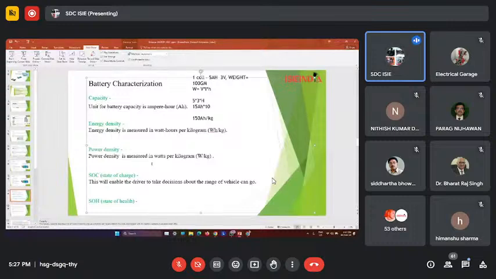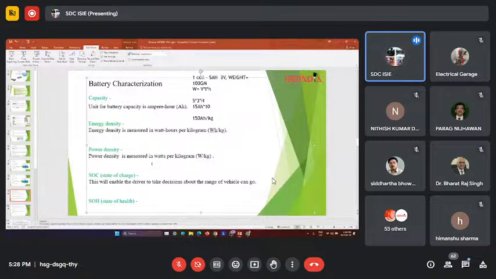SOC. So SOC is nothing but the state of charge. This will enable the driver to take the decision about the range the vehicle can go. Just like our mobile phones, where we can see the green color battery symbol, by that we can see how much percent battery is remaining.